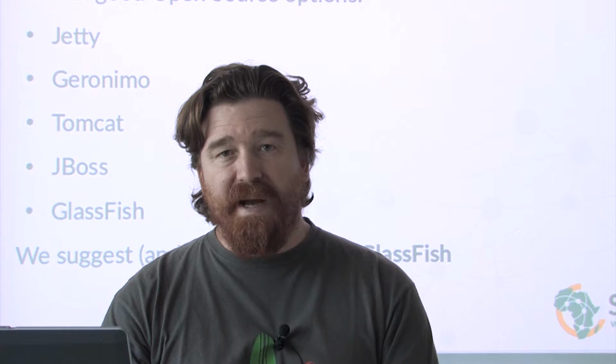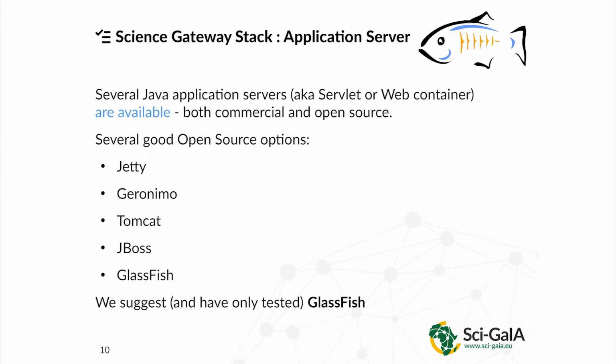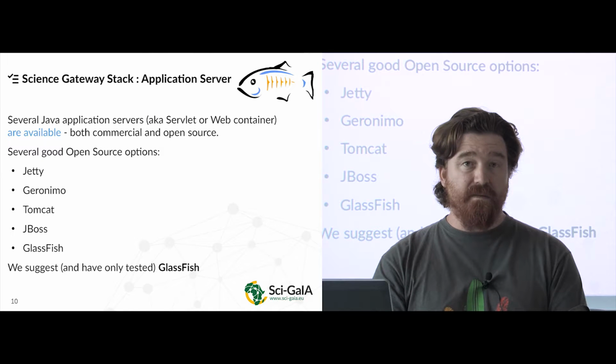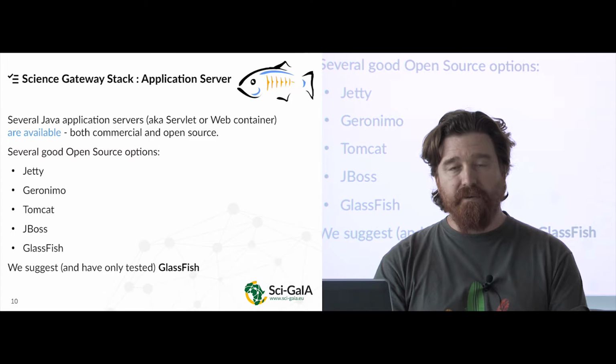Let's say a few words about the application server. So again, we've chosen the Glassfish application server, but there are many available options. You could have chosen any one of the very good open source Java application servers, or indeed a commercial one if you have that available. In fact, there's hardly any very good reason to have chosen Glassfish.